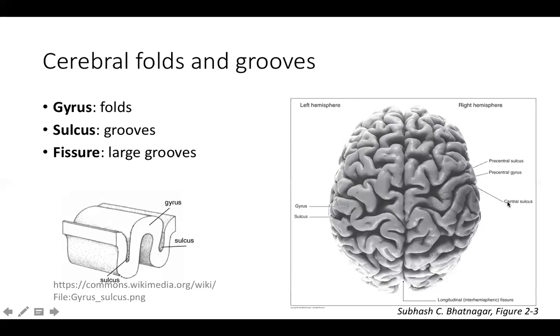And here, the central sulcus. Sorry, let me take a step back. This is what I wanted to show you. The central sulcus, which divides up the precentral gyrus and the postcentral gyrus, which will be important when we discuss motor and sensory systems.